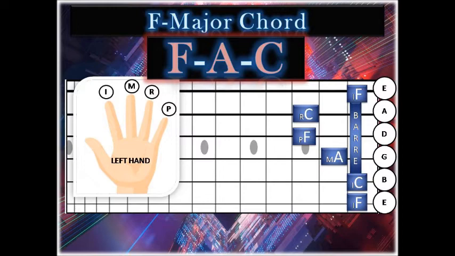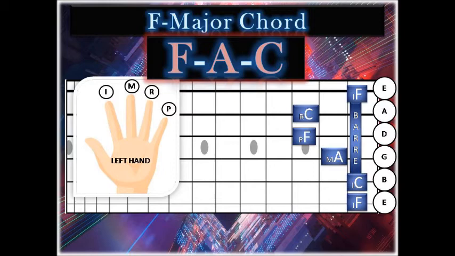So to solve this problem we use a bar. That means the F note on the 6th string, the C note on the 2nd string and the F note on the 1st string will be played by our index finger by holding a bar on the whole fret. Means we have to hold the whole fret with our index finger.